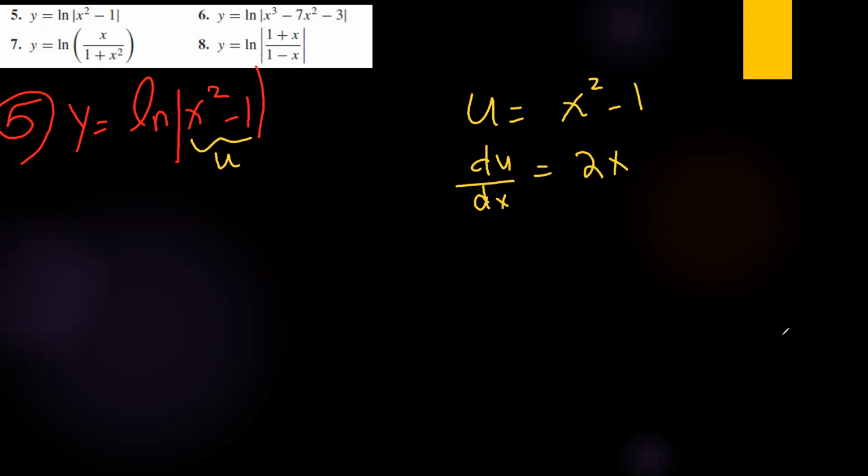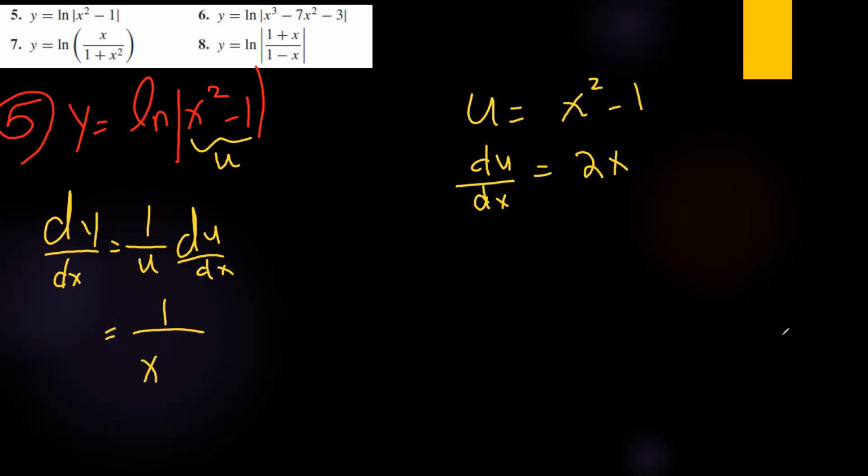Then dy over dx will be 1 over u times du over dx. So 1 over u, which is 1 over x squared minus 1, times 2x. So we get the answer as 2x over x squared minus 1.